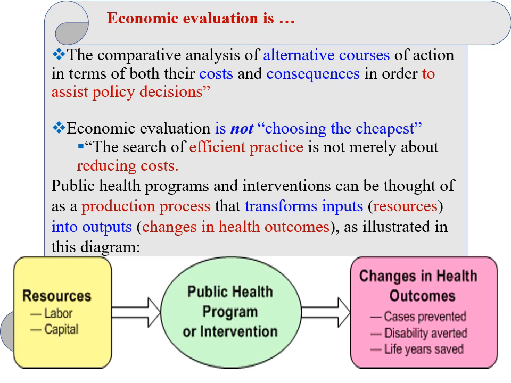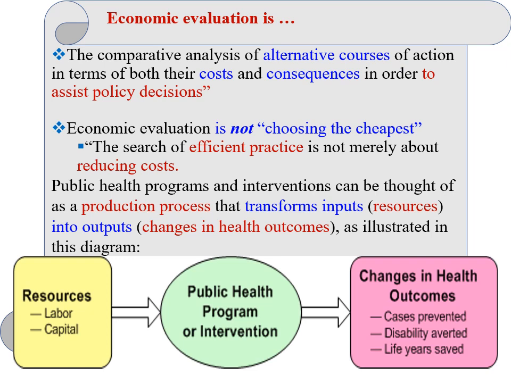So this is the process of producing health: we have the input, which is all the resources used to produce health or healthcare services, and we have health programs or interventions, any intervention, any action you do, and this we call the process.